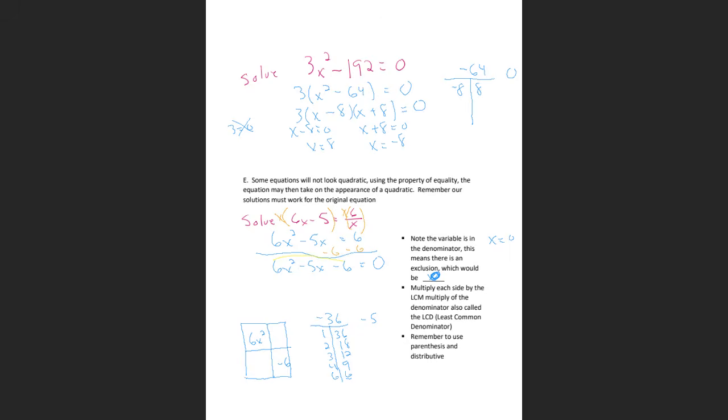There's that repeat. The one that looks like it has the best chance of getting that 5 is 4 and 9. Now to get a negative 36, one of them has to be negative. But since it's negative 5, that's telling me the 9 has to be negative. So 4 and negative 9 would be how I build my linear terms.